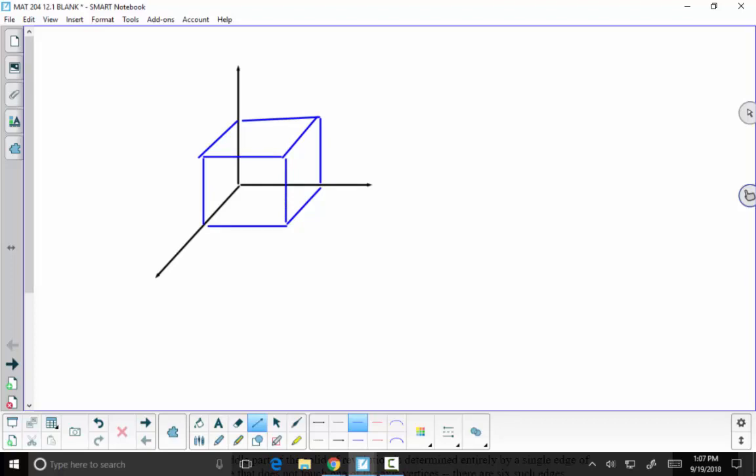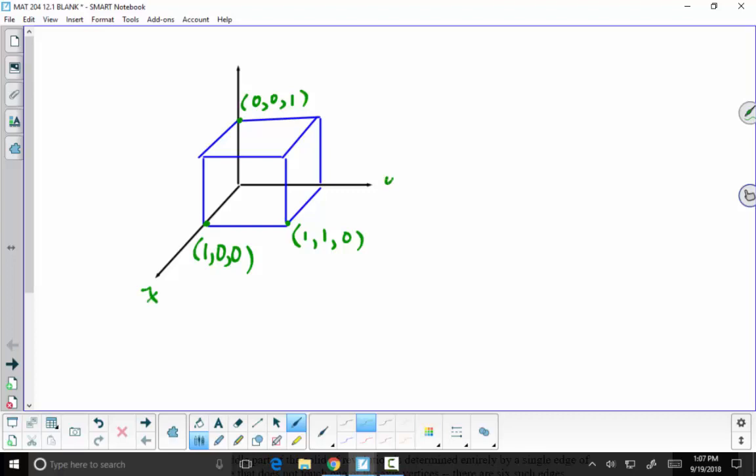We're going to imagine it sitting in octant 1, where this point down here is (1, 1, 0), that point up here is (0, 0, 1), and this one over here is (1, 0, 0), etc. So that's how we're going to visualize this.